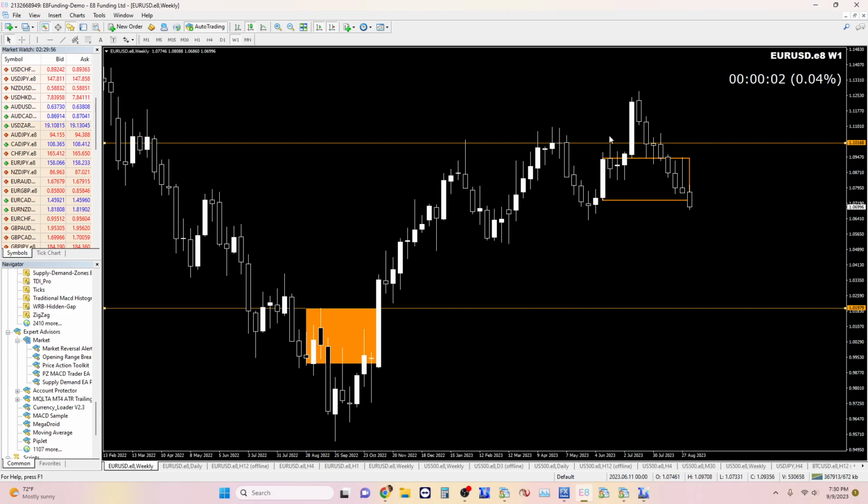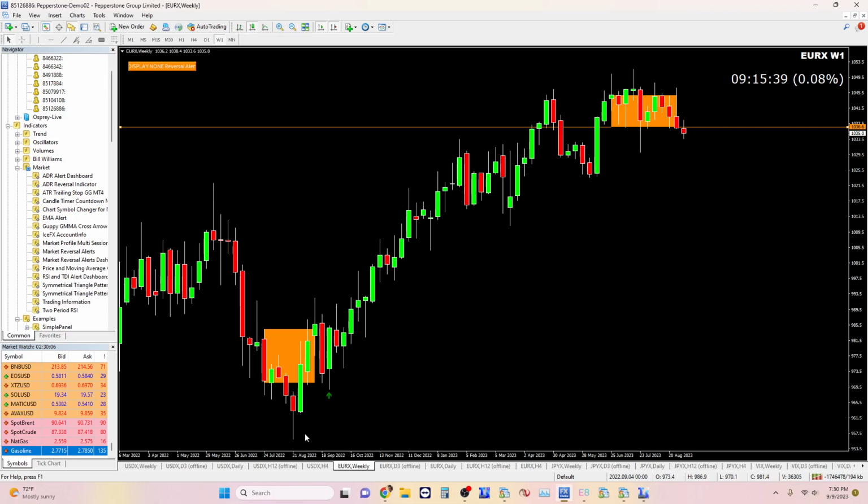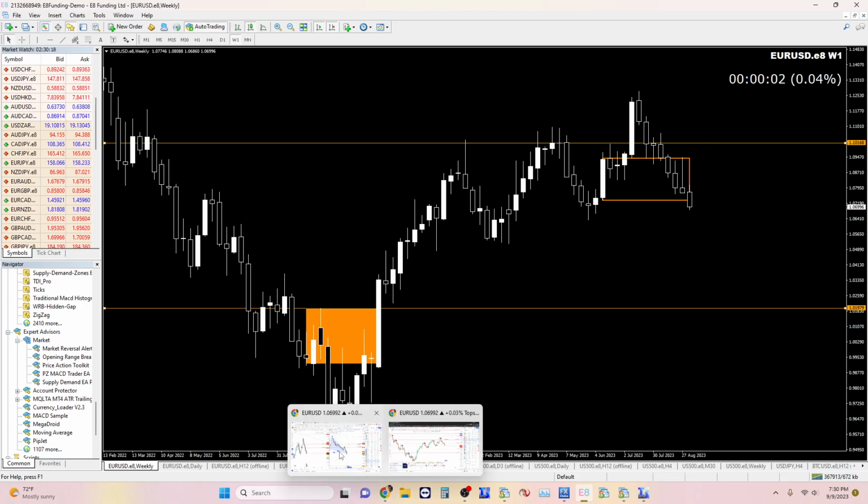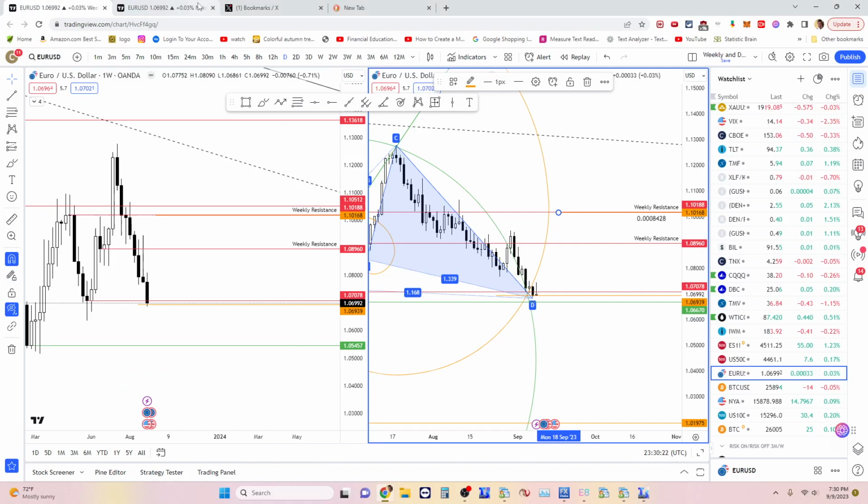So yeah, it's a little deep. If we were to go check something like this, it's gone past its breaker block before and wicked. So it's totally possible for us to wick up in here. That's my 2 cents. But that's kind of what the forecast is saying.